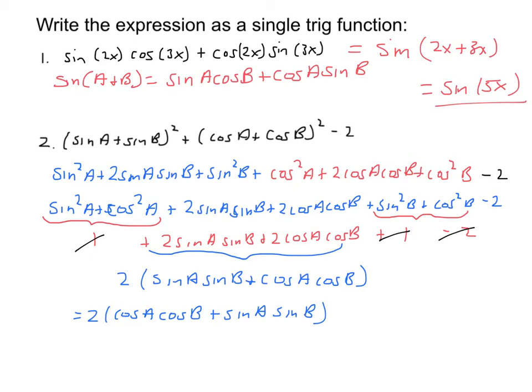I know that the cosine of A minus B equals cosine A cosine B plus sine A sine B, from the formulas that we had earlier. So what's in the parentheses is the cosine of A minus B, and this is just 2 times the cosine of A minus B.